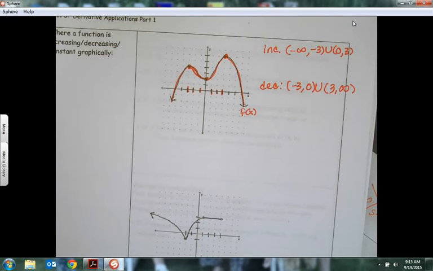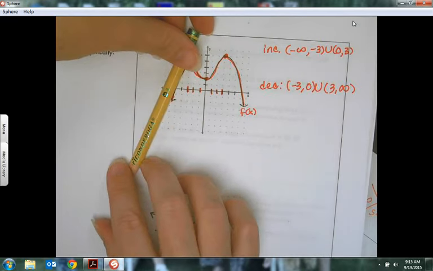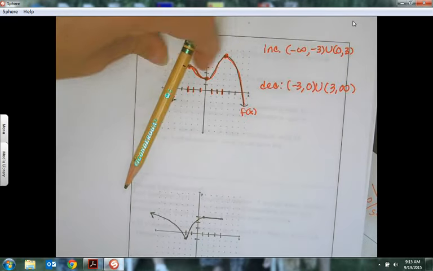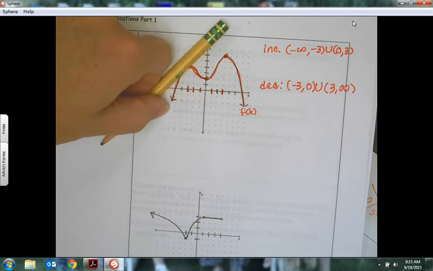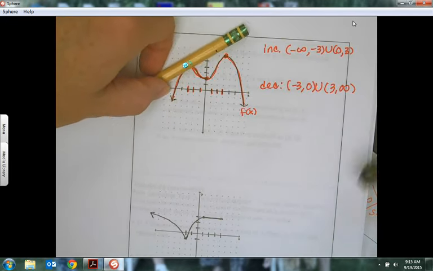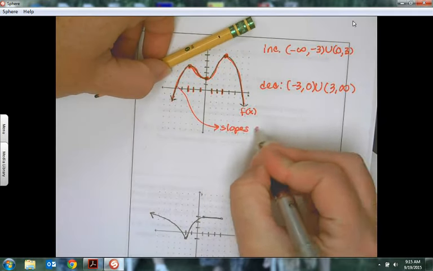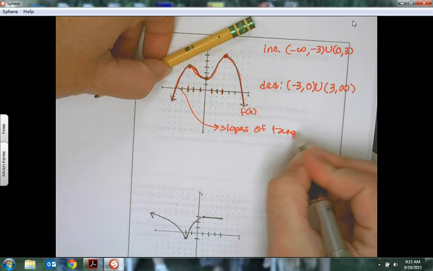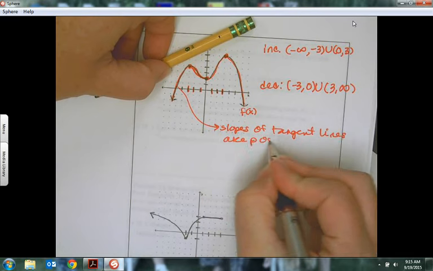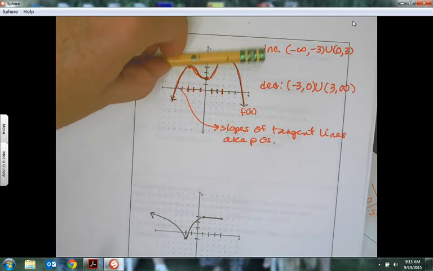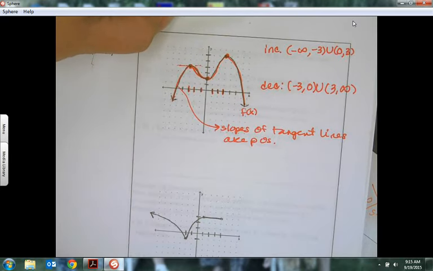So just kind of talking about that first derivative, what do you notice when a function is increasing? Look at all of the tangent lines. All of the slopes of the tangent lines are positive. And then I have a relative max or min, which we've seen, when that tangent line slope is 0.